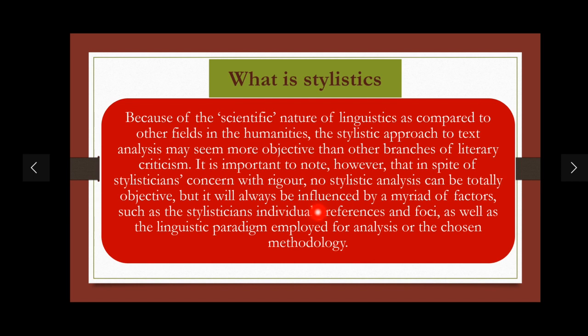It means that stylisticians are also human beings. Sometimes they prefer one thing over another. Sometimes they will take one methodology over another, right? So when they prefer one methodology over another, it means that they are influenced. And when you are influenced by something, you can't remain objective.